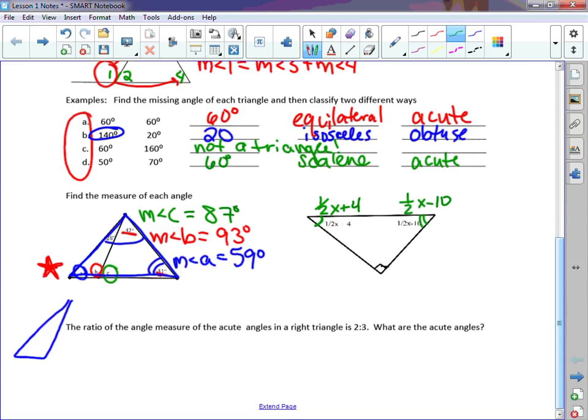Give you about a minute and a half for that, and then we'll go over that one. All right, when we solved, what did we get for x?